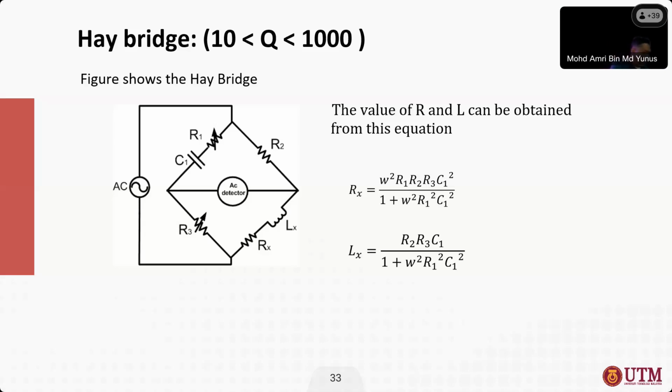So in the solution, that's C2, R2, R1, L3, R3, and this is R4.